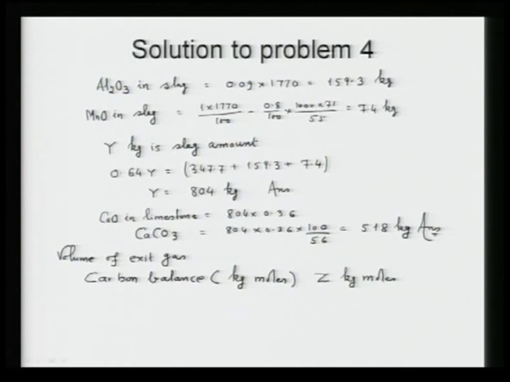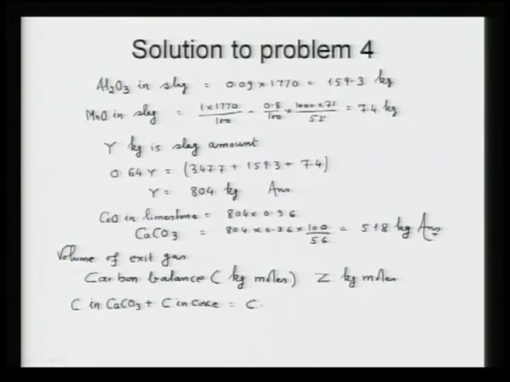Now, if I do the carbon balance, do not forget carbon is also entering through calcium carbonate. So, carbon in calcium carbonate is an input, plus another input is carbon in coke. Many times some students forget to take into account the carbon of CaCO3 when they calculate, but that is not correct, because CaCO3 on decomposition gives you CaO plus CO2, and CO2 has carbon as well as oxygen.